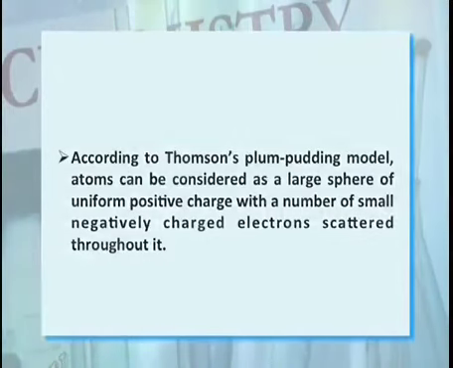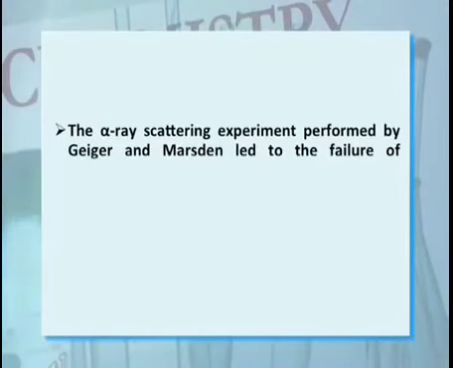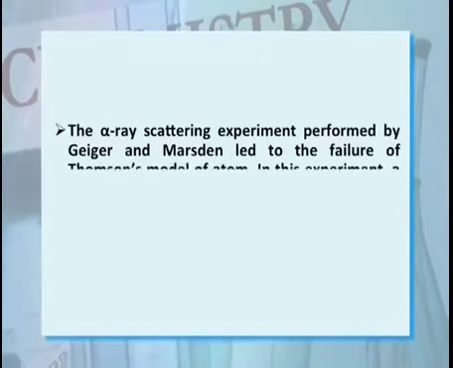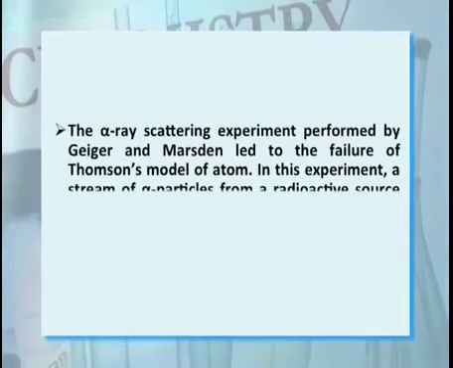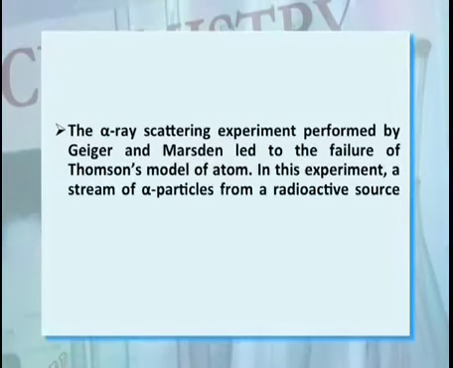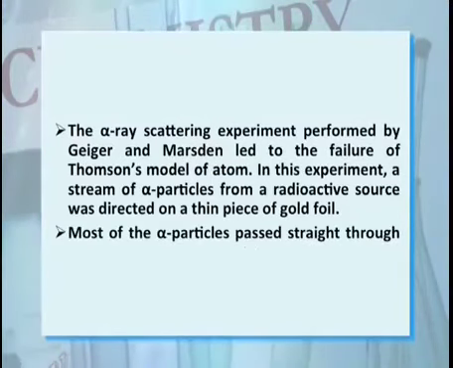The alpha ray scattering experiment performed by Geiger and Marsden led to the failure of Thomson's model of the atom. In this experiment, a stream of alpha particles from a radioactive source was directed on a thin piece of gold foil, which is also known as the Rutherford gold foil experiment.